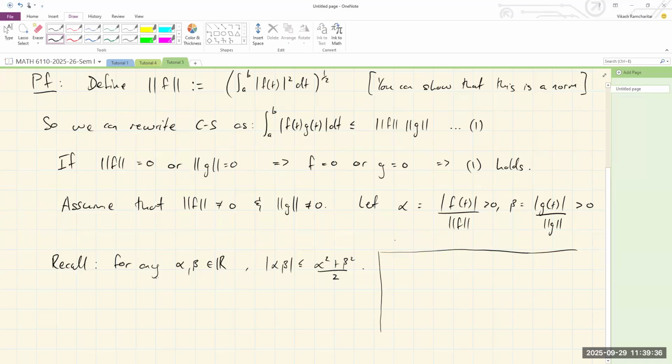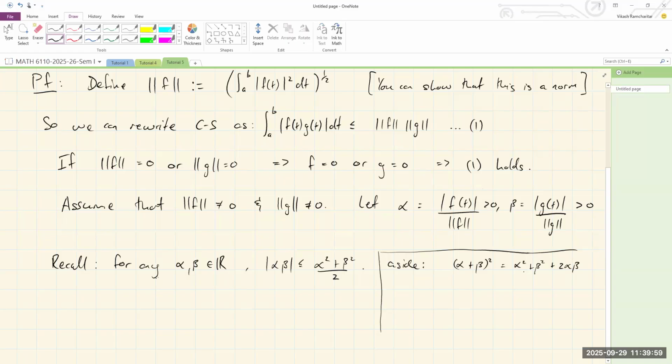In order to prove this, we just need to expand. If I want to prove this inequality, I just need to expand alpha plus beta all squared. And that of course is equal to alpha squared plus beta squared plus 2 alpha beta.